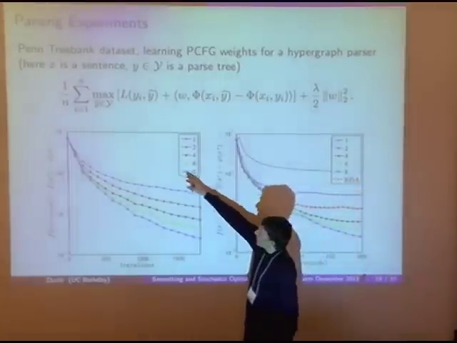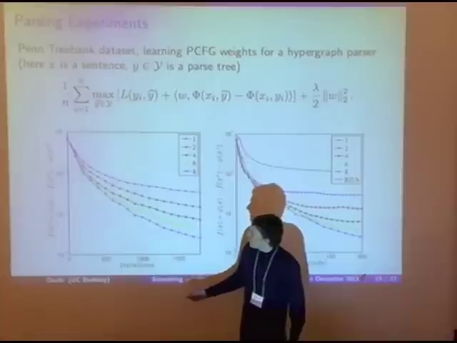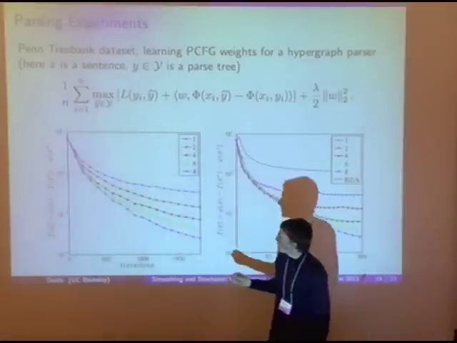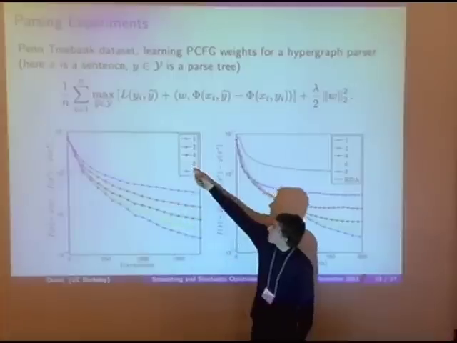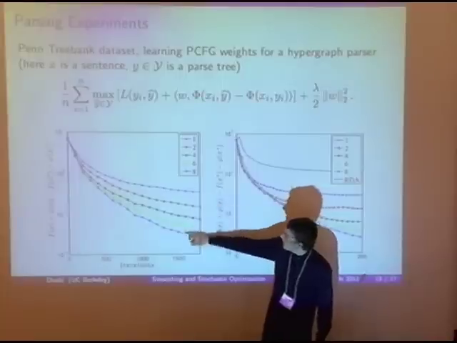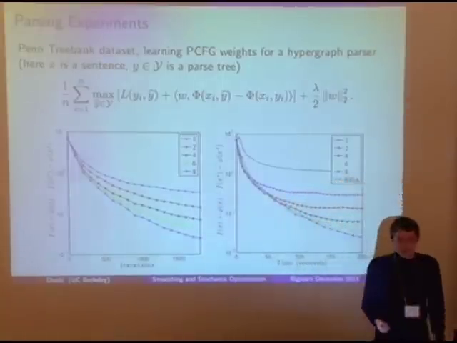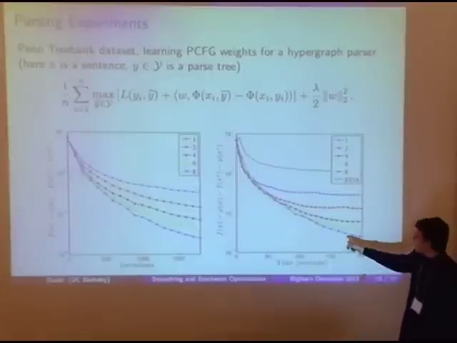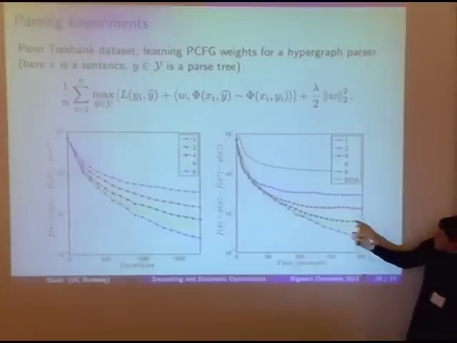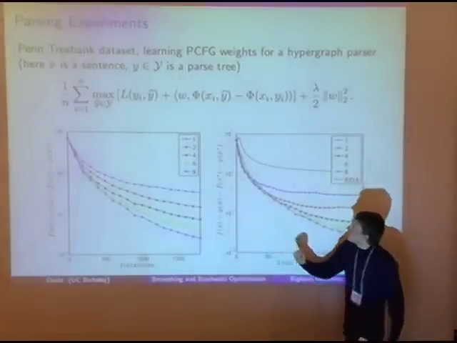On the left plot, I'm showing the optimality gap of our algorithm as a function of the number of iterations for different numbers of threads: 1, 2, 4, 6, 8. We can see that the more threads you get, the better you're doing. And this plot is the actual time in seconds. You can see they don't totally match up.